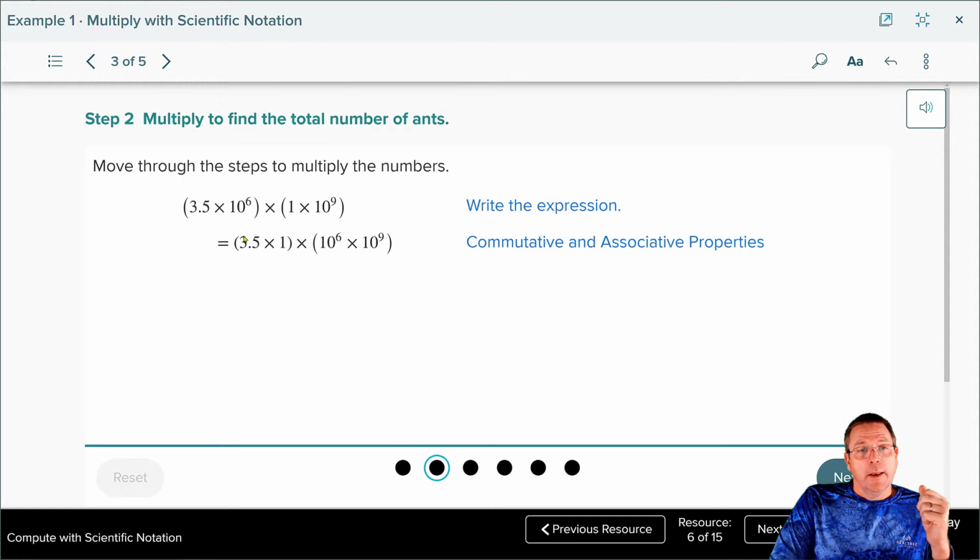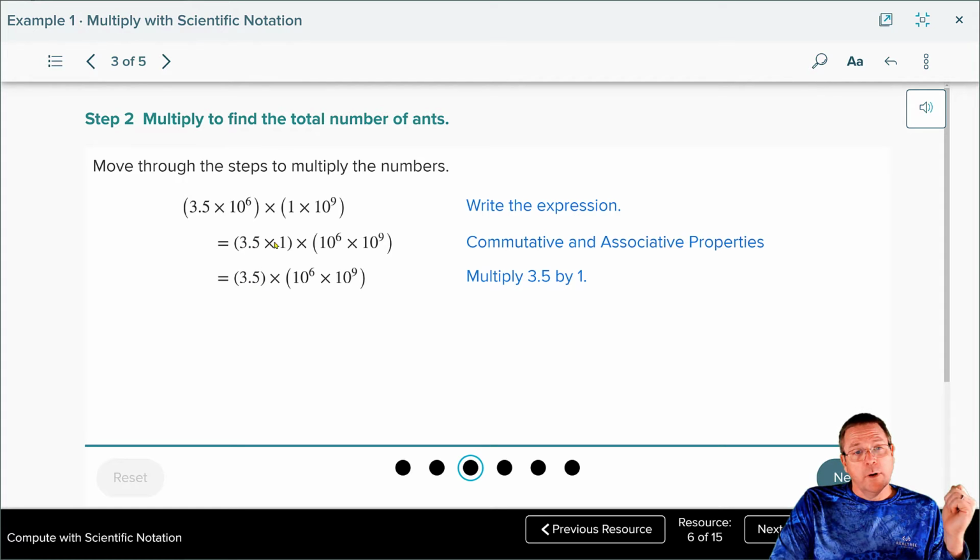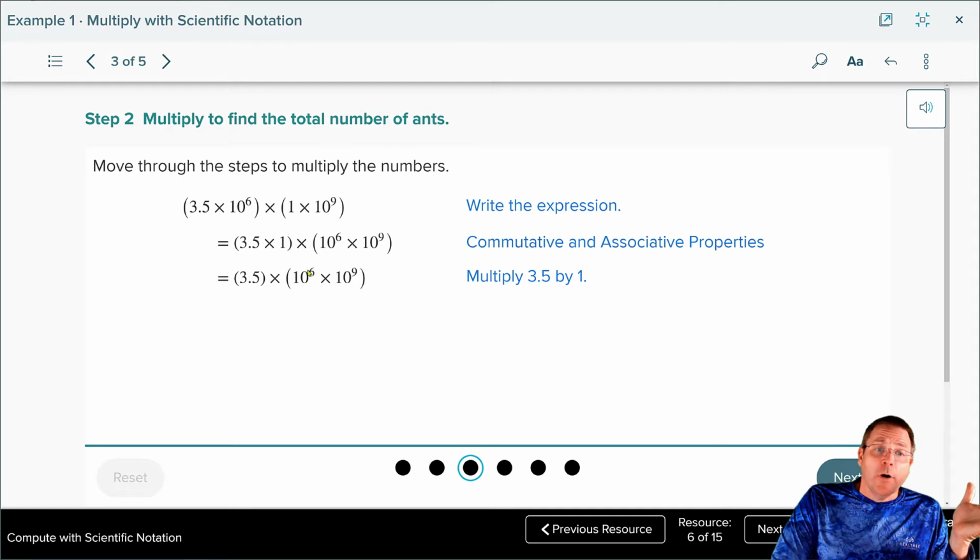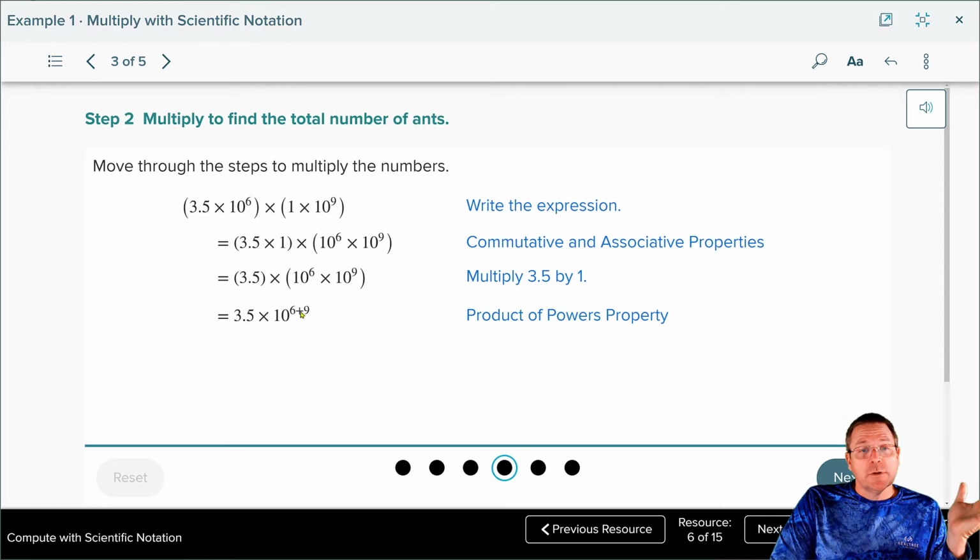I have the constants 3.5 and 1 pulled out, and I have my exponential numbers of 10 to the 6th and 10 to the 9th. From there, we can rewrite that as 3.5, because 3.5 times 1 is 3.5, and then 10 to the 6 plus 9, which is going to end up being 10 to the 15th power.